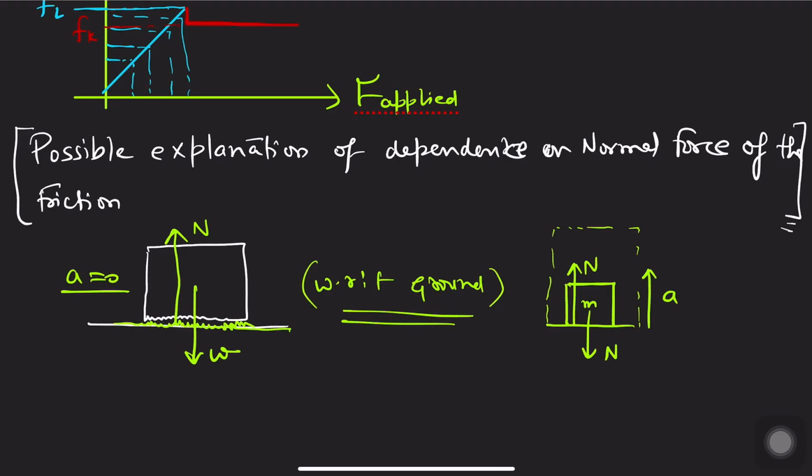Because it is pushing more, the percentage of the contact points will increase compared to when the body is at rest. So the contact points will increase, the contact surface will increase, and due to that the friction force automatically increases.